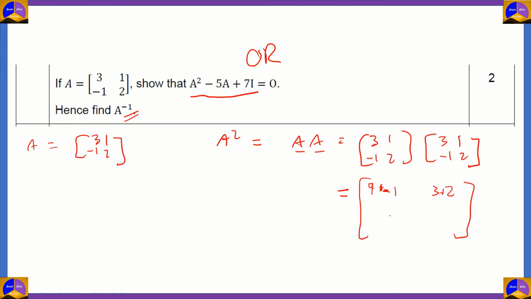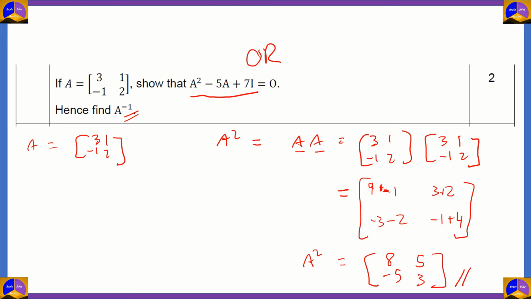Then we have minus 3 minus 2, then minus 1 plus 4. So these are the 4 terms for the value of A squared. The value of A squared now becomes the matrix [8, 5; -5, 3].